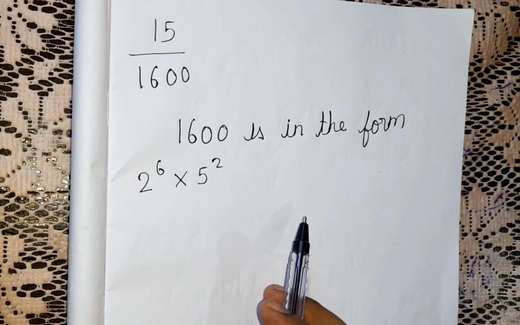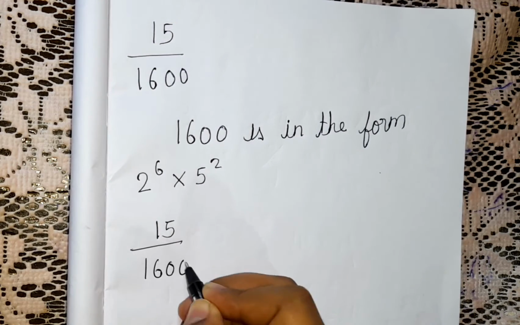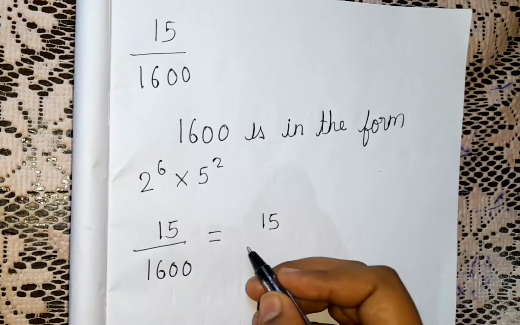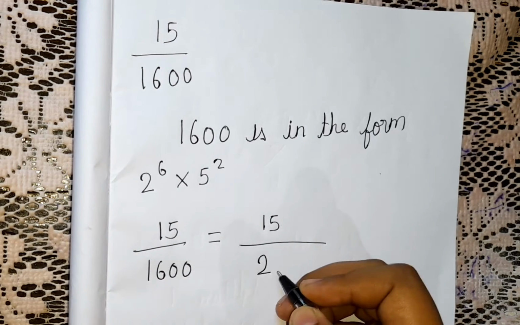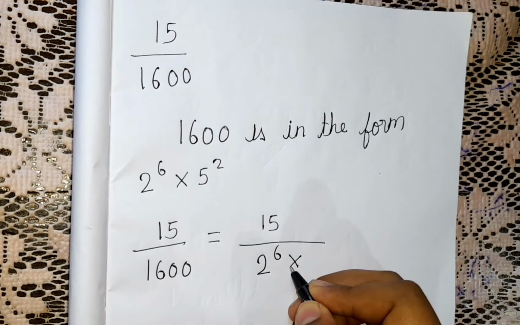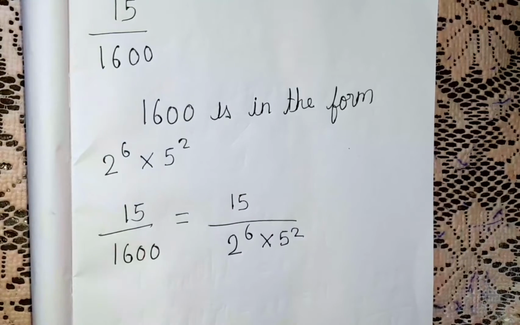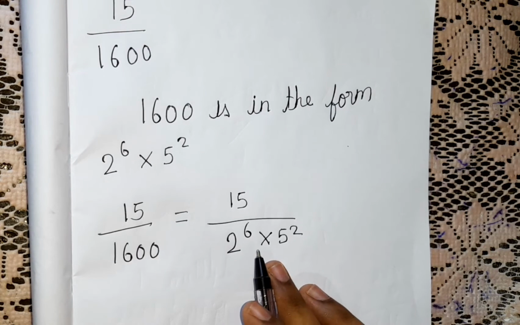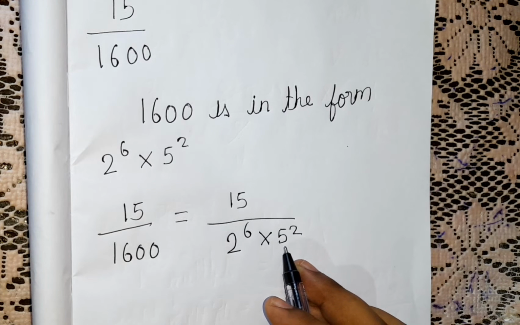Now 15 by 1600 is equal to 15 as it is, divided by this form, 2 power 6 into 5 square. Here we have 2 power 6, we have 6 over here, and here we have 5 square.